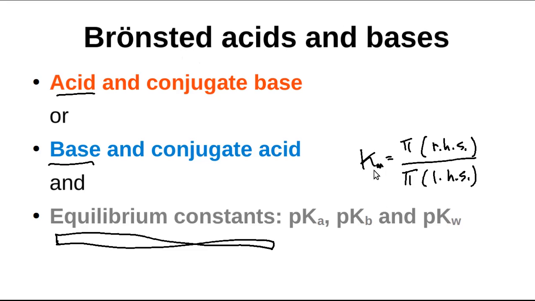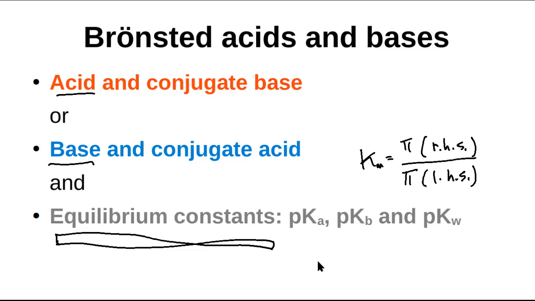This doesn't mean that there are different equilibrium constants. Of course, they're separate in some sense, but it's the same definition of the equilibrium constant.